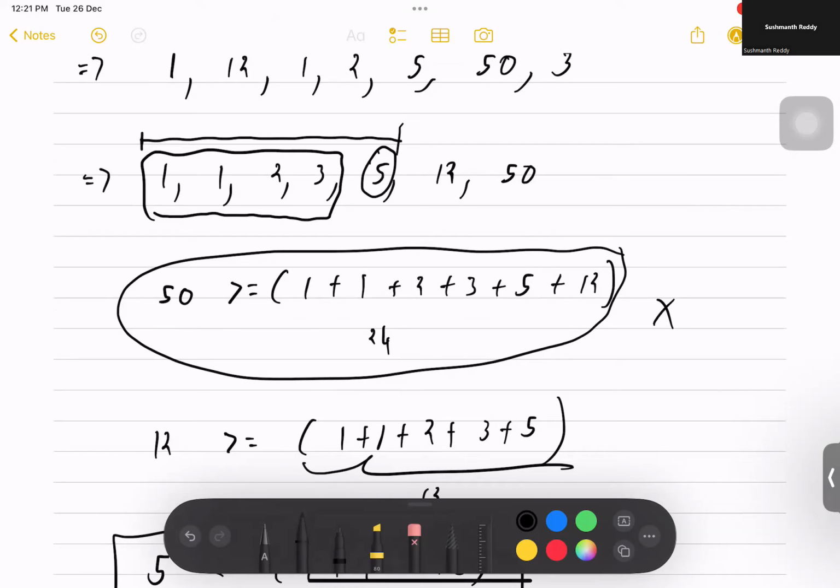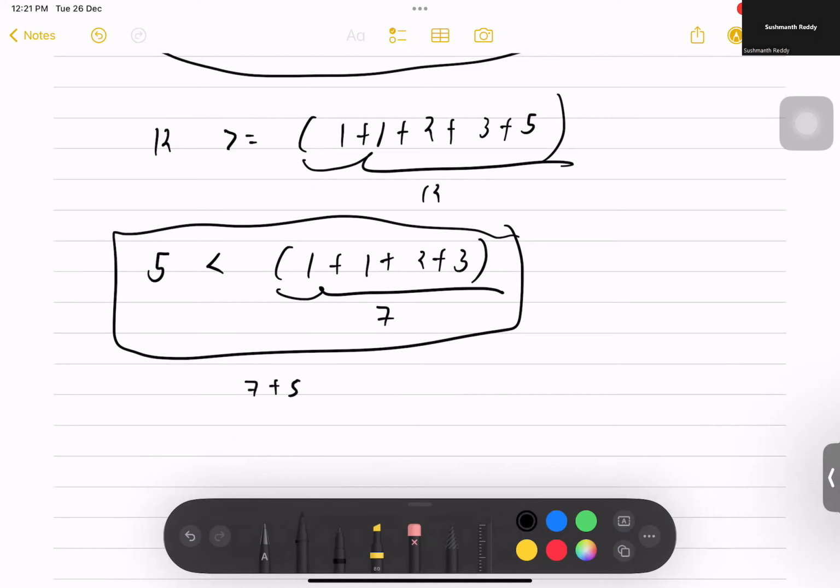Perimeter is directly proportional to the largest side, because in the way we are doing, we are including all the elements lesser than the largest side. So smaller the largest side is, perimeter is also decreasing. So that is why we can just break here, and the perimeter of this would be 7 plus 5, which is 12.